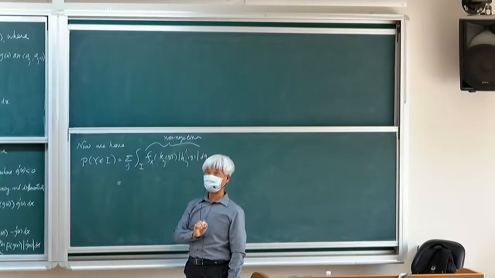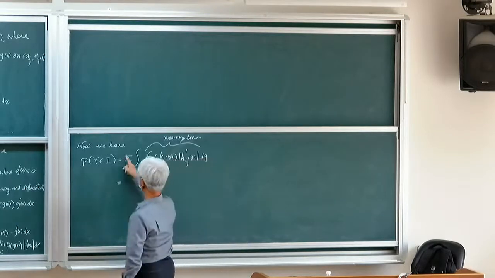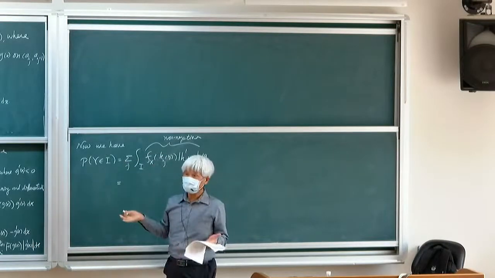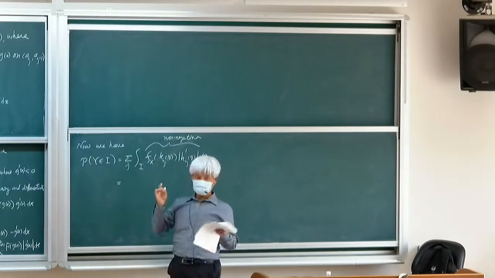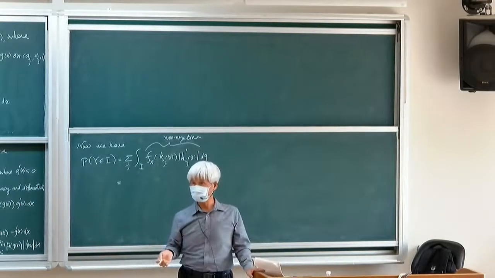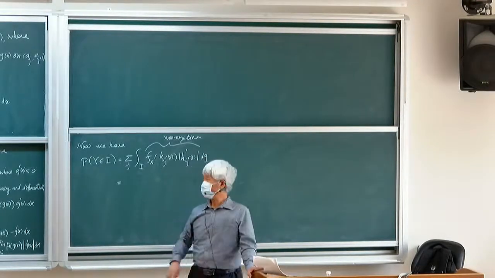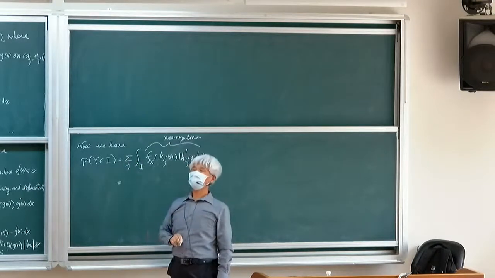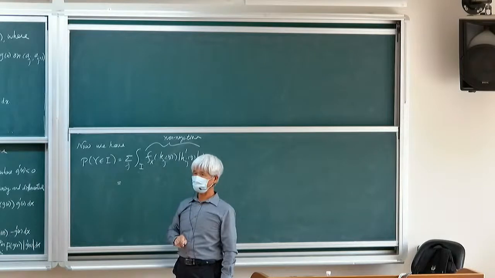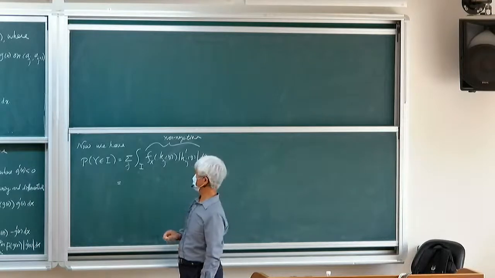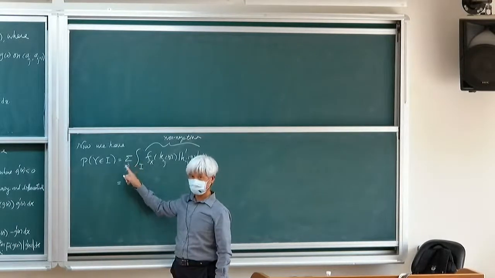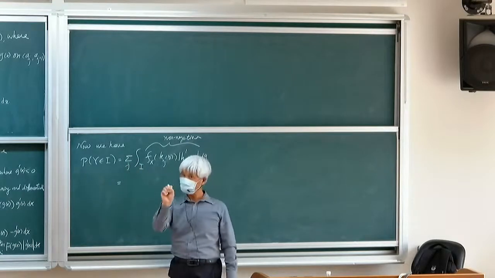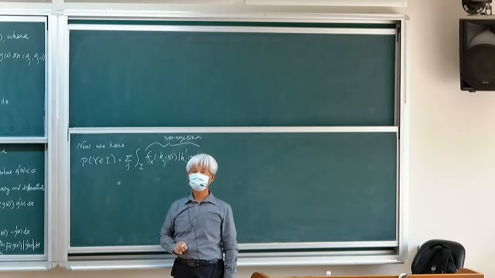I use this fact several times, because the sum can be a series sum. If it's a finite sum, of course, no problem, because integration has linearity. But if the sum is a series sum, then you have to consider the validity of exchanging the order of the series sum and the integration, because these are two limiting processes.